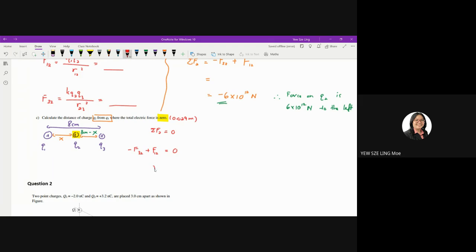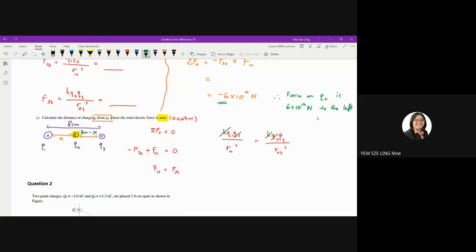Rearranging the equation, we have F12 equals F32. Expanding, we have kQ1Q2 over R12 squared equals kQ2Q3 over R23 squared. As usual, we remove the constants first.